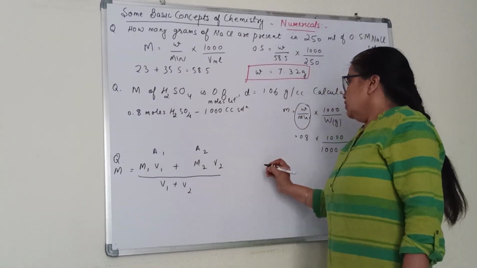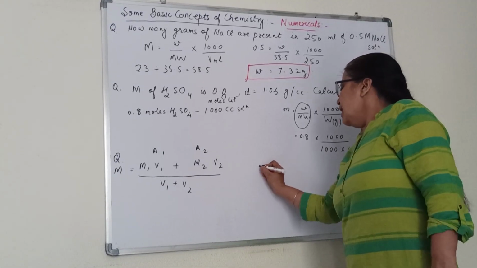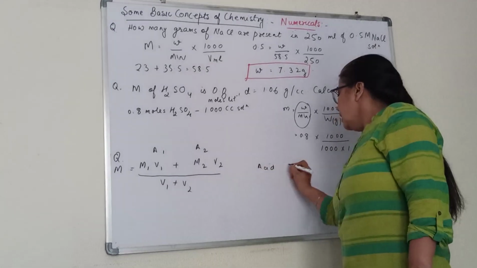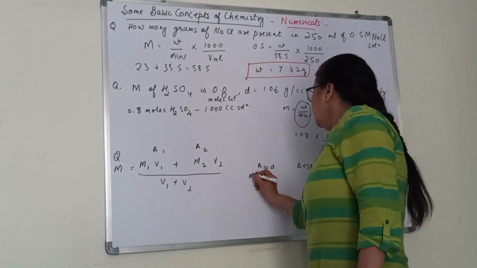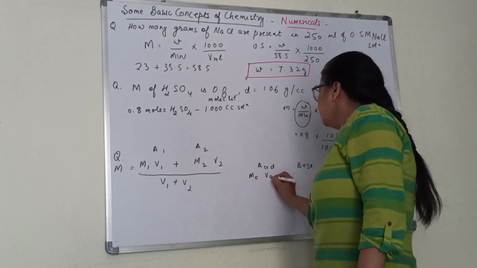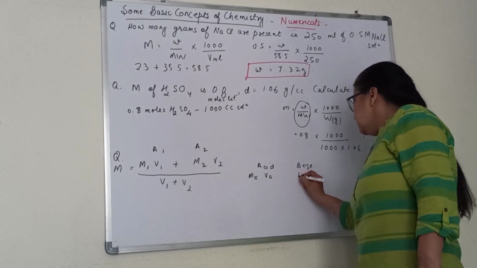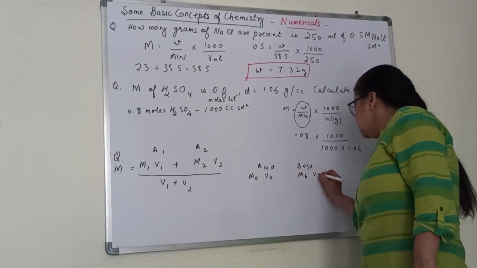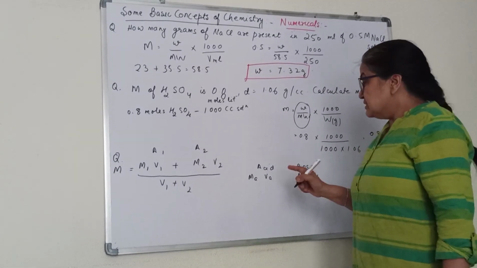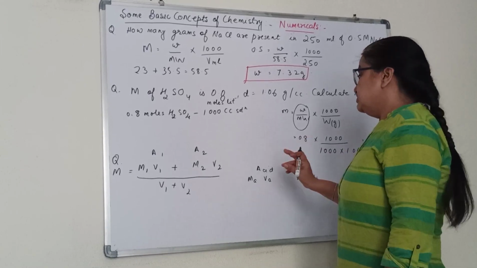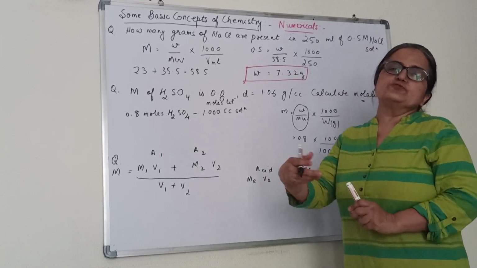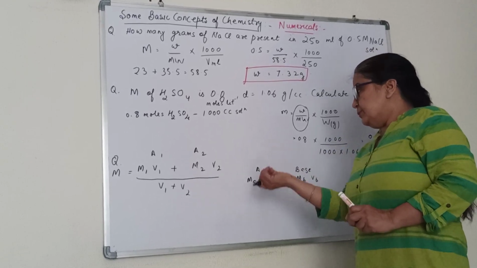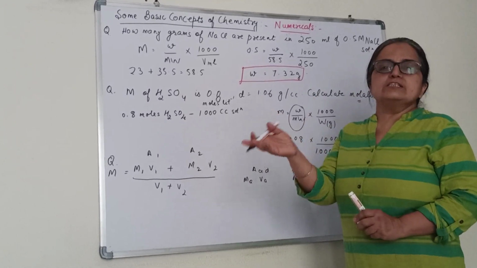In case you are given acid and base separately, we know molarity and volume of acid as well as we know for base. In such cases, what we do, we have to check the molarity-volume product for acid as well as for base. If acid product is more, acid minus base.